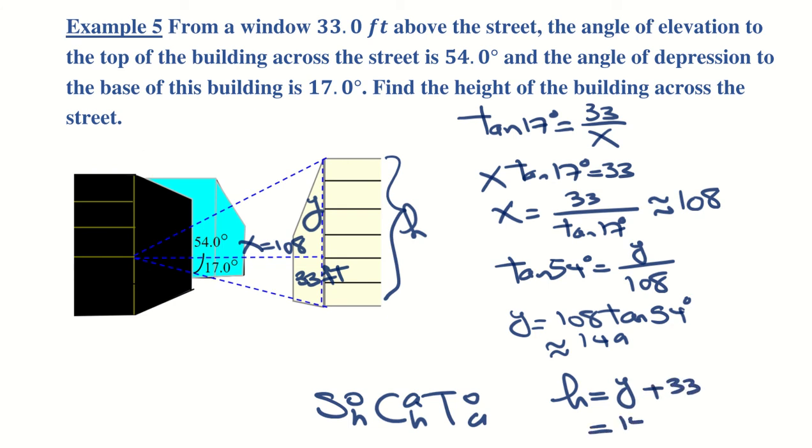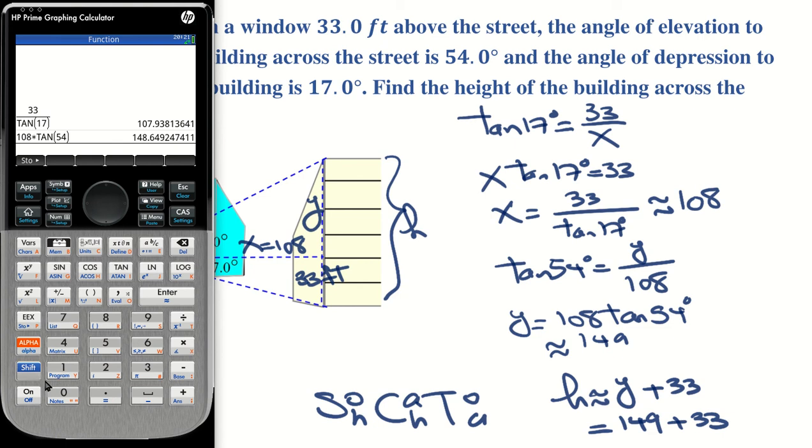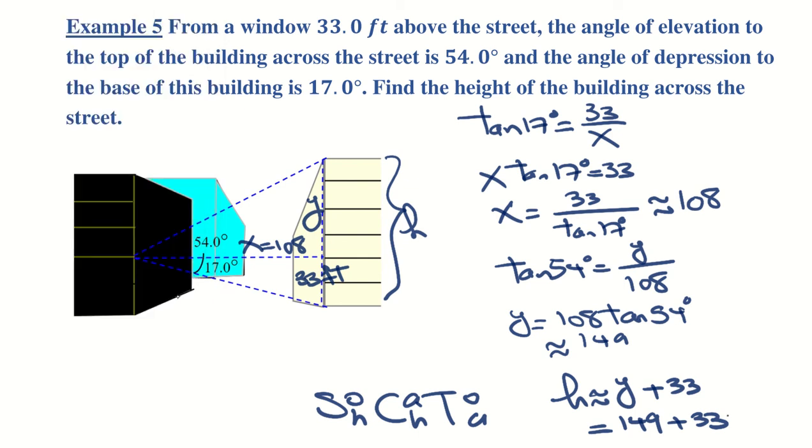So 149, which is y plus 33. And of course, remember, we've rounded, so this is going to be an approximation. So we end up with 149 plus 33.